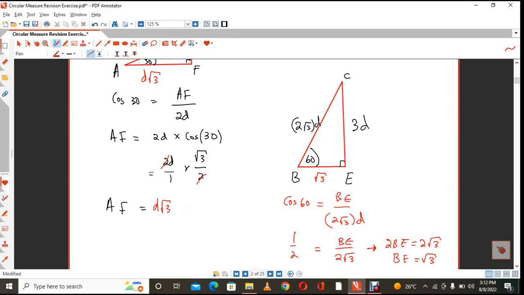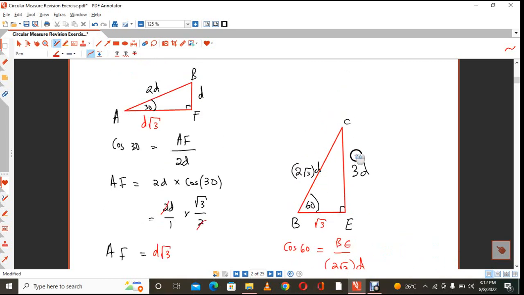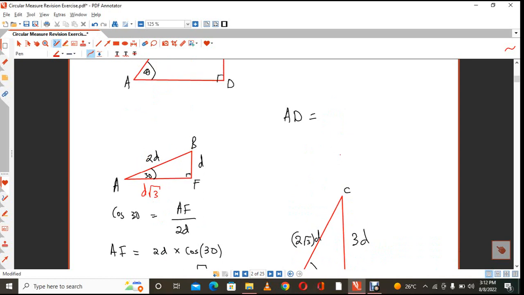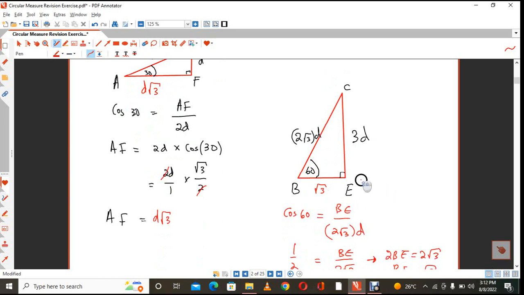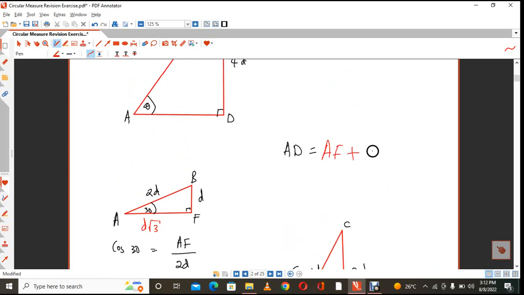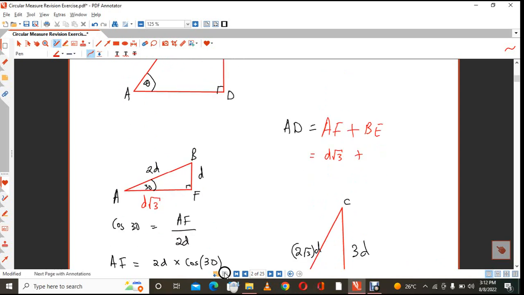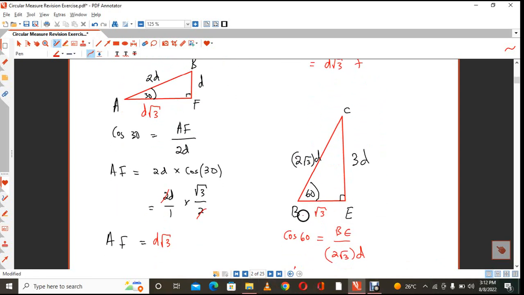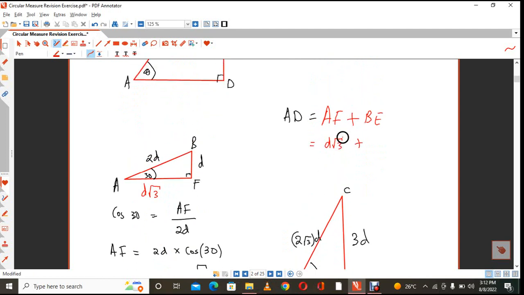So what is our distance of AD? AD is AF plus BE. What is our AF? AF was D times the root 3, as you can see from this triangle. And BE, as calculated, is nothing but root 3.